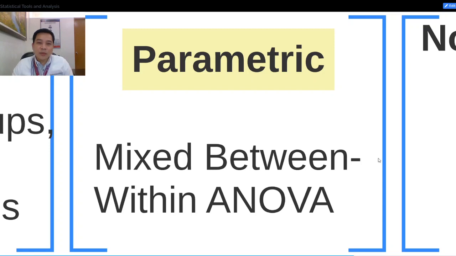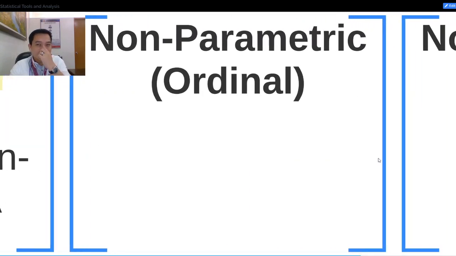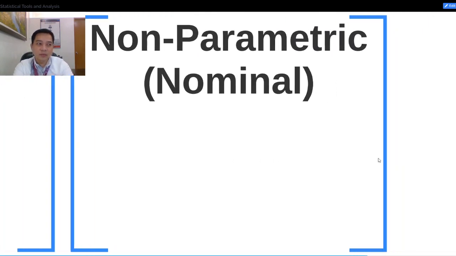You have several groups, one test, and at the same time, several times given. Likewise, there is no non-parametric counterpart for this kind of ANOVA because of its complexity, both in the ordinal or nominal case.